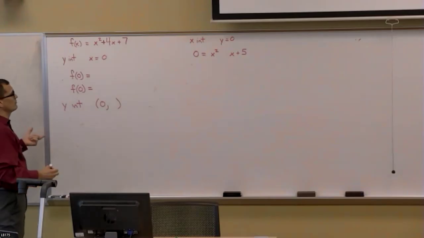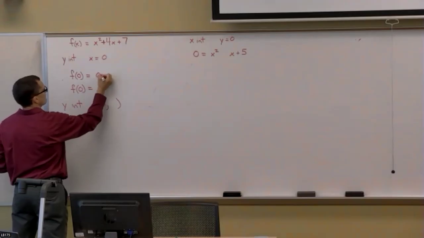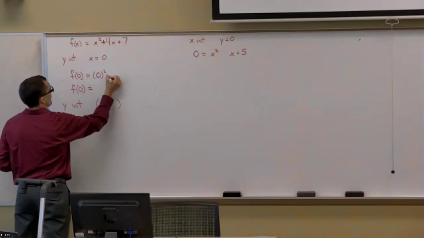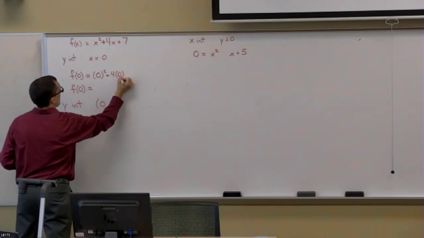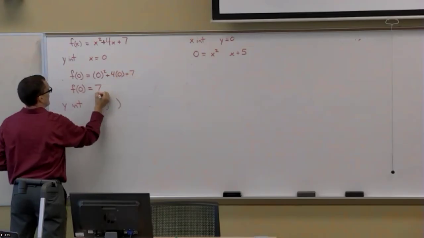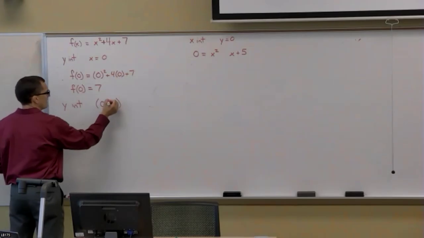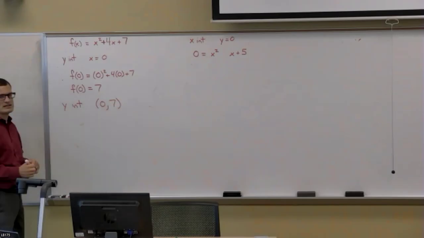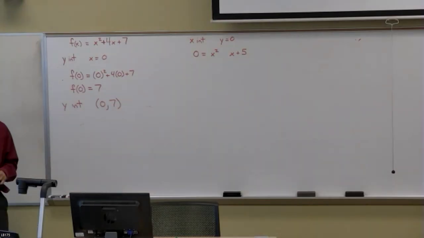So if I want to find the y-intercept, I plug in 0 for x. You'll get out a 7, and therefore the y-intercept is (0, 7).